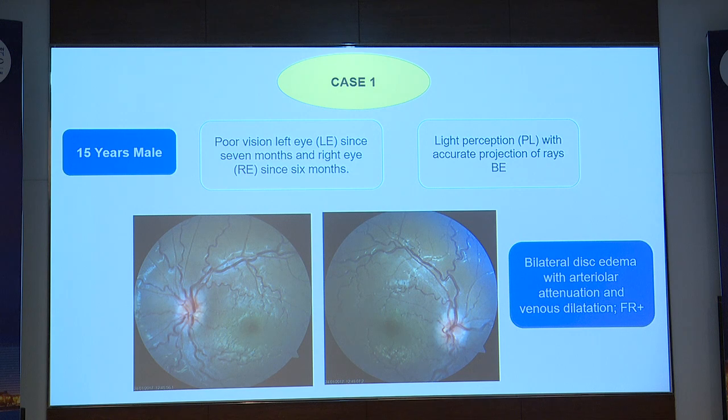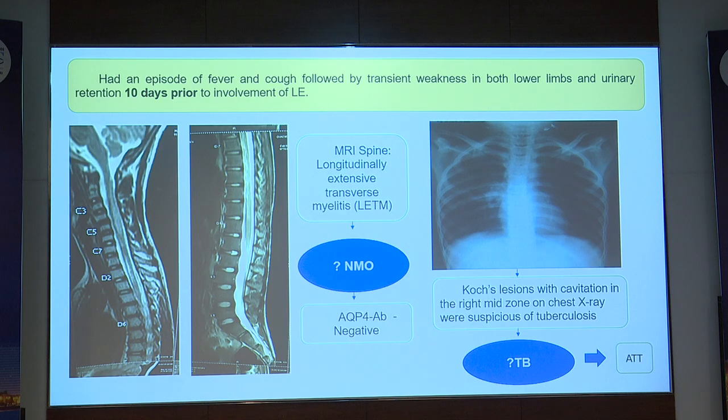The first case was a 15-year-old male. He presented with rapidly progressive, profound vision loss in the left eye, followed by the right eye, 6 months ago. The vision was perception of light with accurate projection of rays in both eyes. On fundus examination, we could see bilateral disc edema with arteriolar attenuation and venous dilatation with normal foveal reflex.